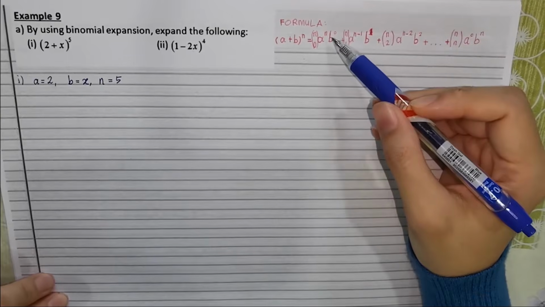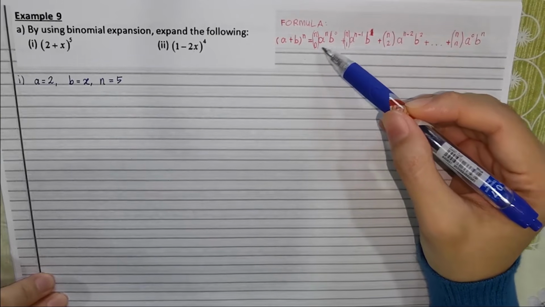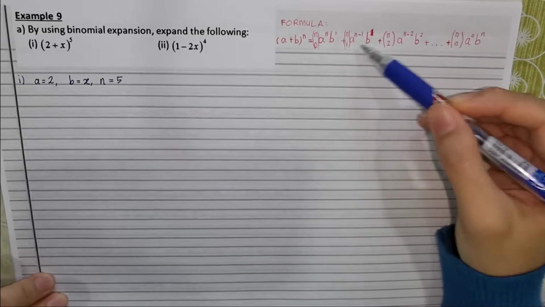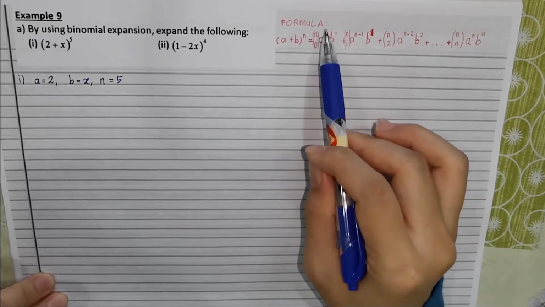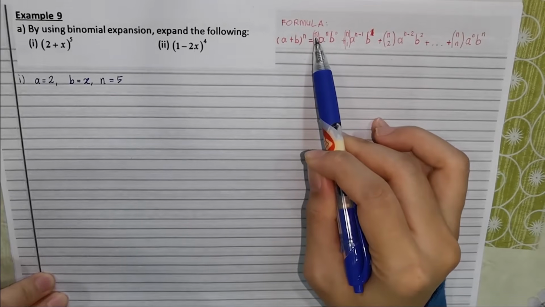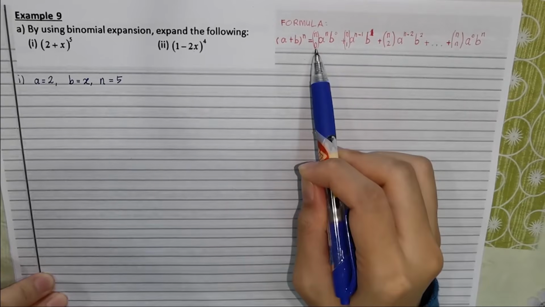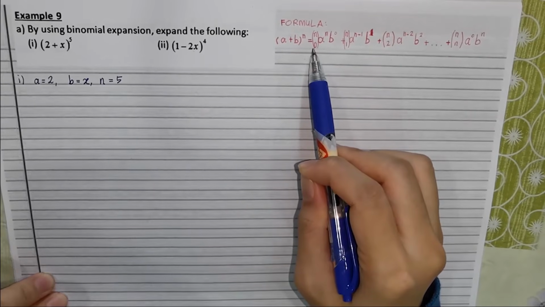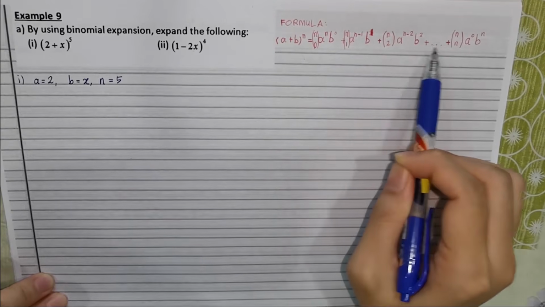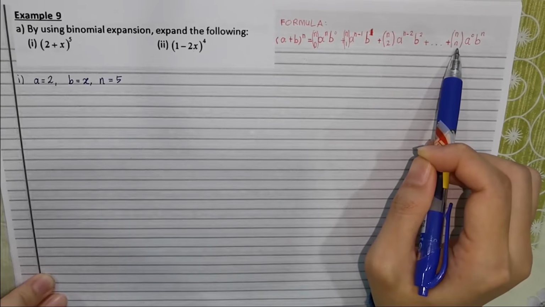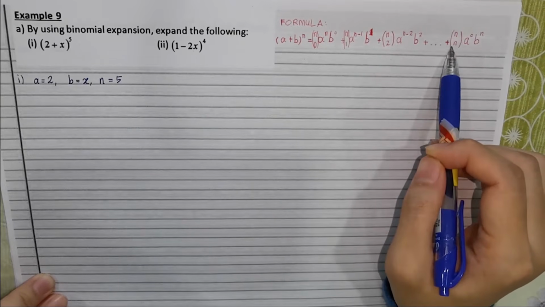We start with nC0 for the first term and then proceed nC1, nC2. Notice the top of the bracket is always n C, and the bottom starts from 0, then 1, and so on up to the maximum number n. So it stops with the same number at the end.